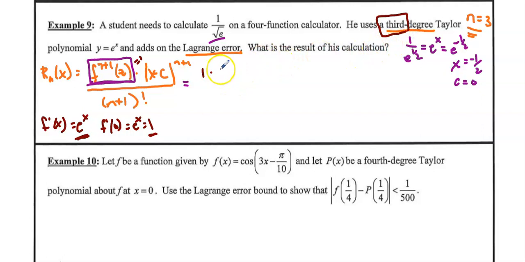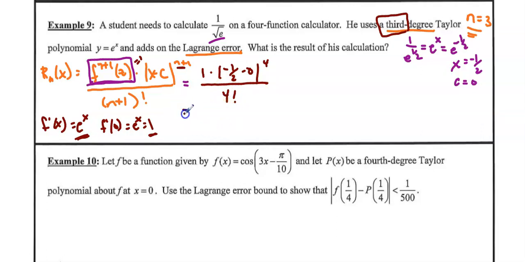So then let's go ahead and start finishing up the problem here. x is going to be equal to negative 1/2. I'm going to subtract c from it, and I'm going to raise this to the 4th power, and then I'm going to do 4 factorial.